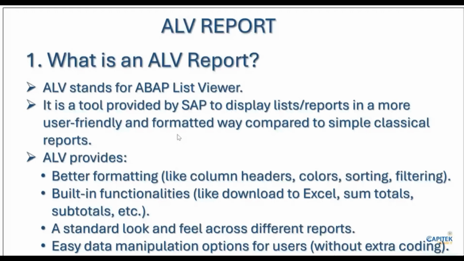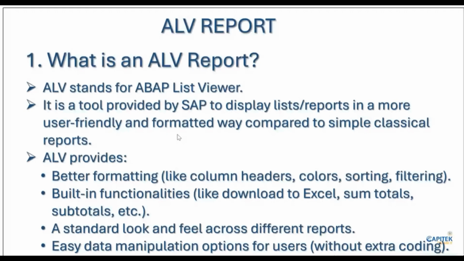In that output, whatever data you are printing, you don't have any option of making the data change dynamically on the output. It means when you have some data displaying on the screen, you don't have any scope of arranging the data either in ascending order or descending order.